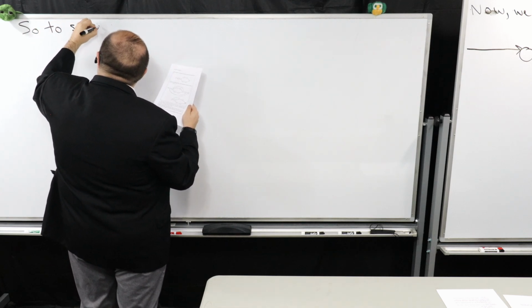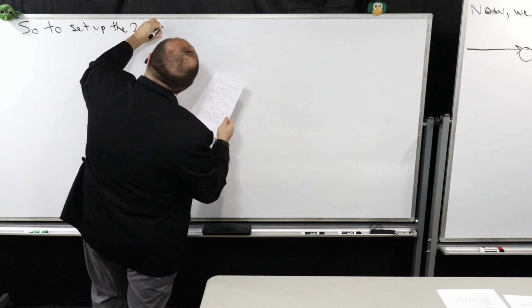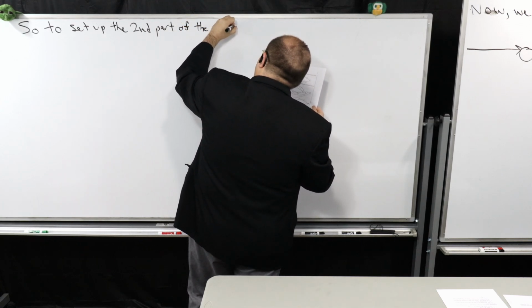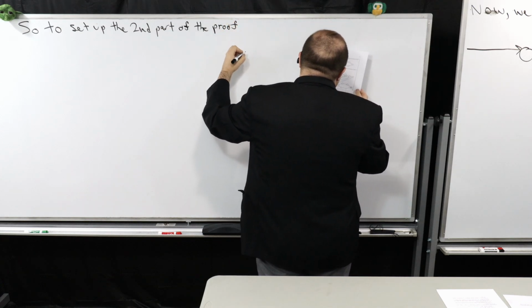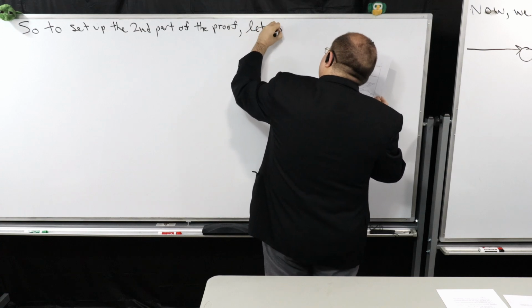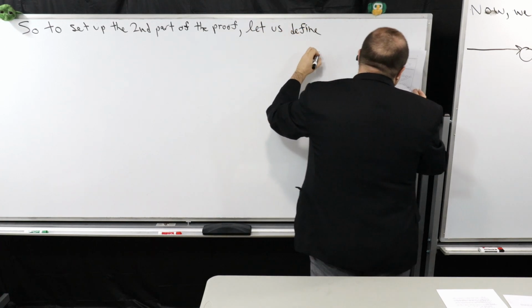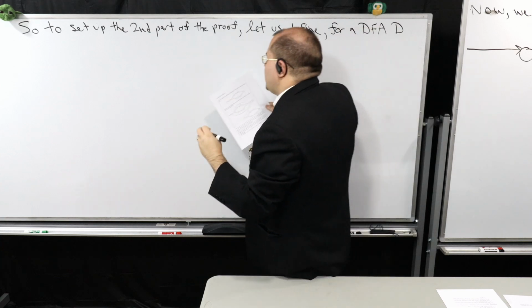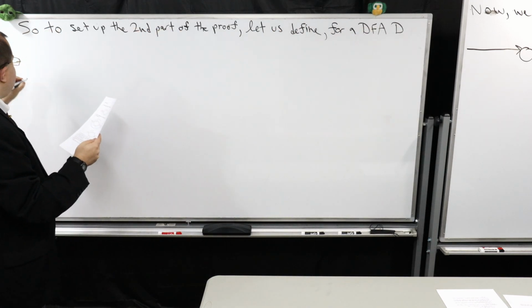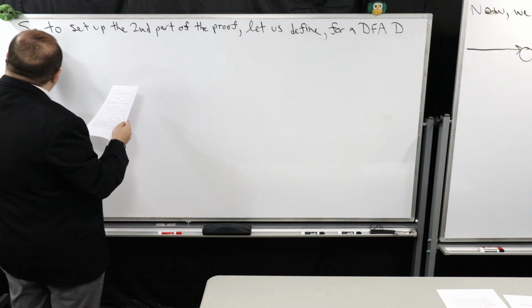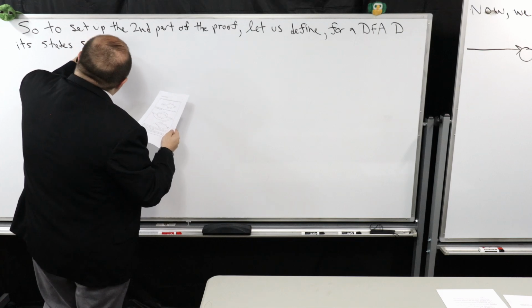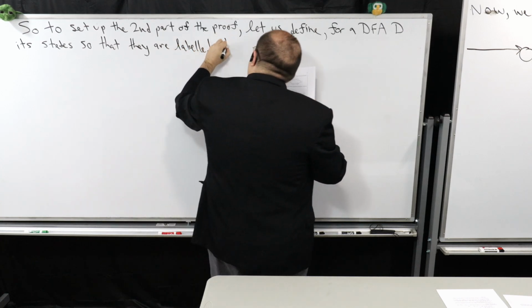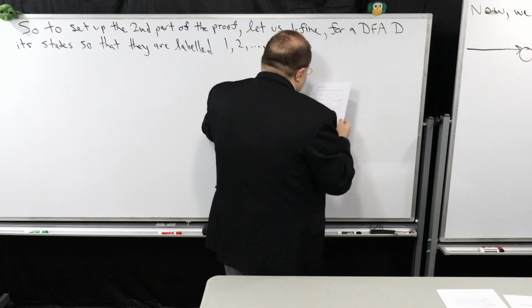So to set up the second part of the proof, let us define for a DFA D its states so that they are labeled 1, 2, all the way up to n, where n is the number of states.